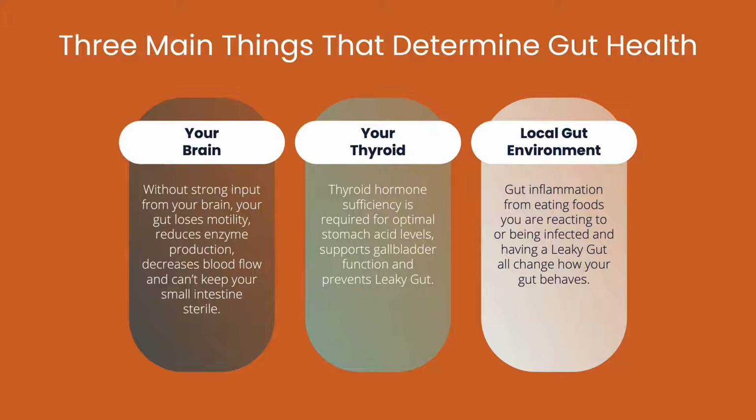When we have thyroid hormone insufficiency, we tend to be more systemically inflamed, which can affect everything, including your brain, as well as thyroid systems. But ultimately, at the end of the day, and just to kind of cone it down into the gut itself and things that we've already talked about, without thyroid hormone sufficiency, you're not going to get optimal stomach acid levels. You're not going to get optimal bile production from your liver and your gallbladder.